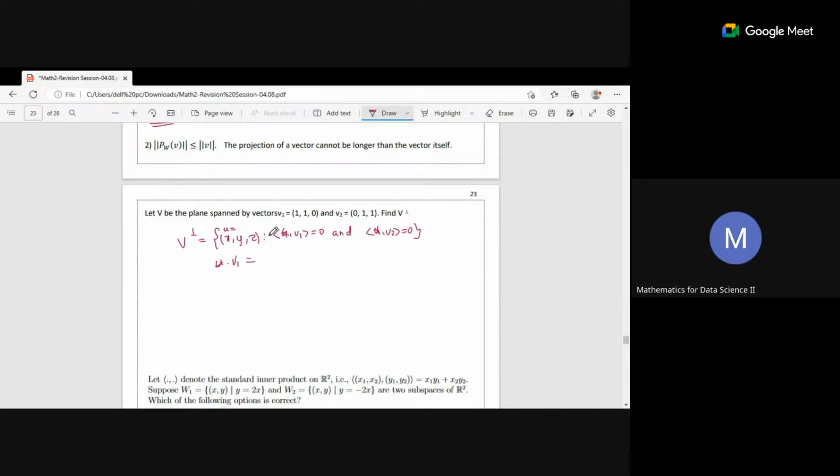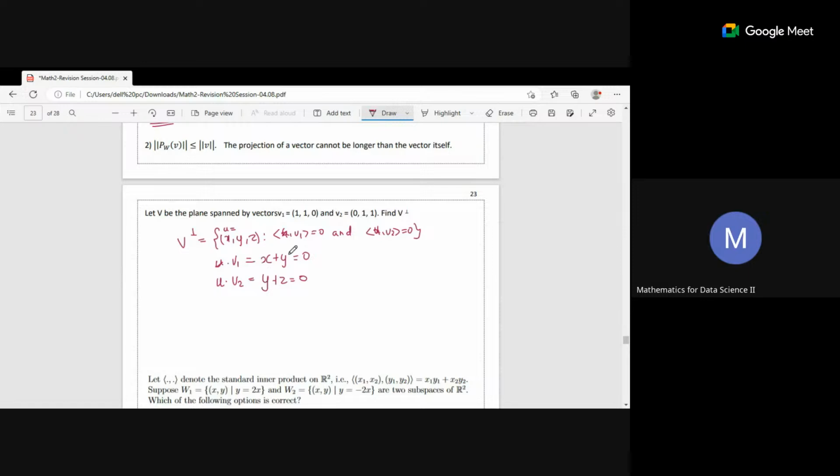So what is u dot v1? x plus y is 0. So x plus y is equal to 0 and y plus z is equal to 0.